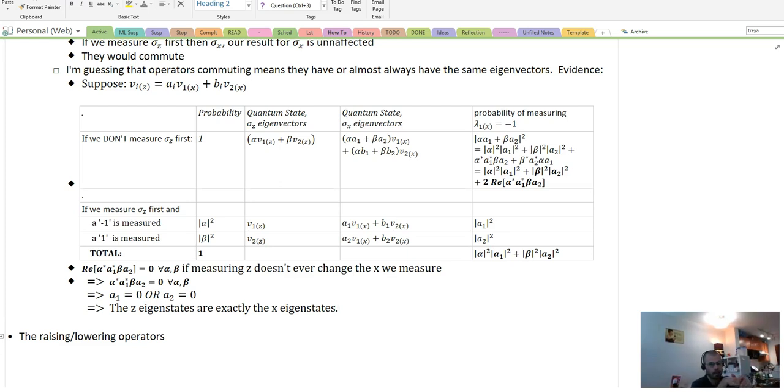Cool? So that's the result. They have the same eigenstate if measuring Z doesn't change the X we measure. And we know if they have the same eigenstates, then their operators will commute, right?